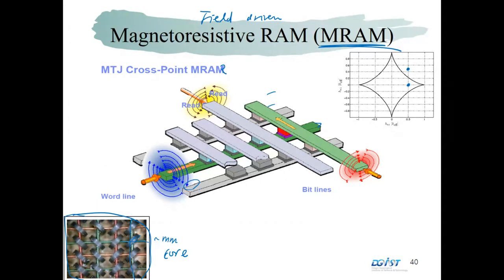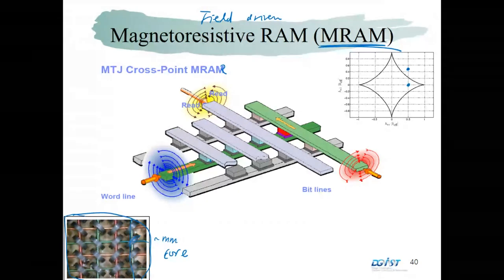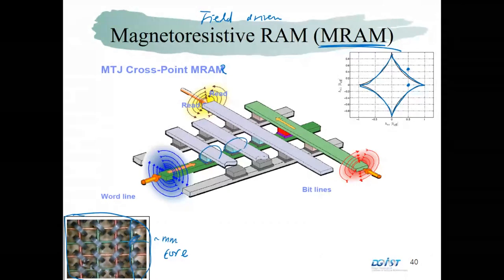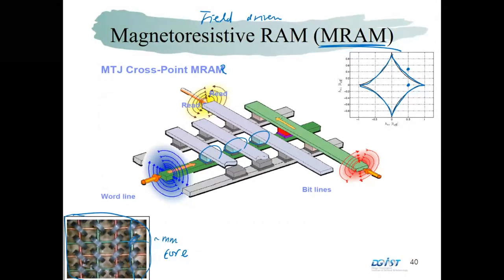So it sounds good, and people investigated this kind of device very, very hard at the end of the last century. But unfortunately, this curve is different for each cell. Even though we made the cells identically, in reality there is some inhomogeneity of the materials, the etching procedure and many other things.